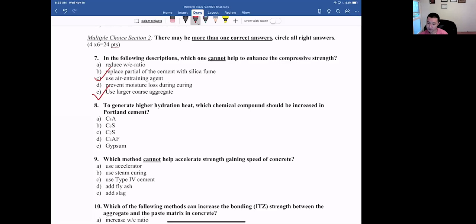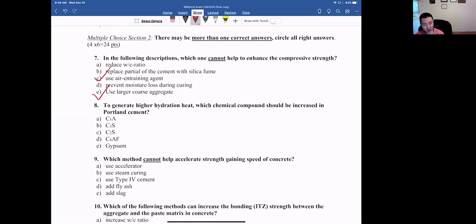Question number 8. To generate higher hydration heat, which chemical compound should be increased? All right. The ranking for hydration heat is C3A more than C3S, more than C4AF, and more than C2S. So the top two are C3A and C3S.